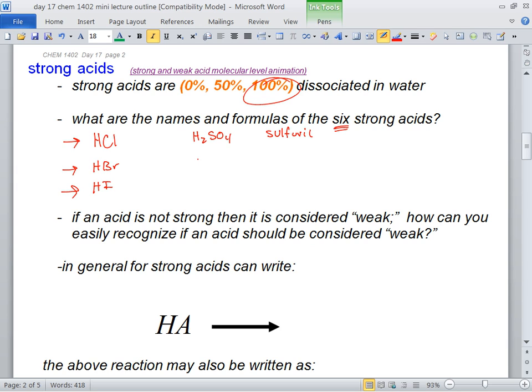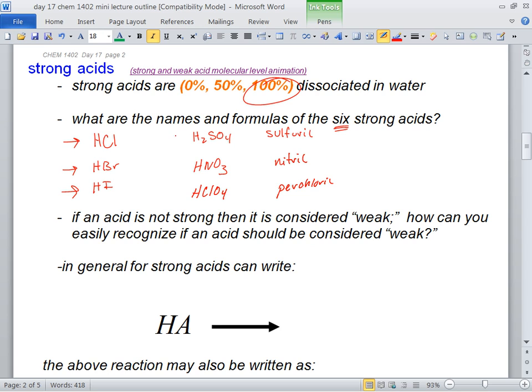And then someone said HNO3. That one's called nitric acid, and that's the dangerous one actually, I think, because you don't feel it doing its damage on your skin for several minutes, and by that time it's spread all over your face. Nitric acid. Last one, perchloric acid.